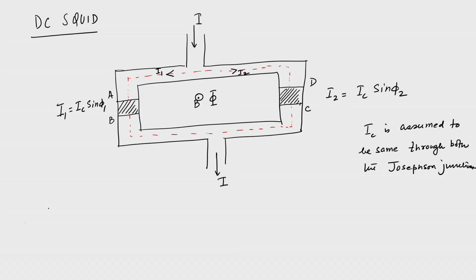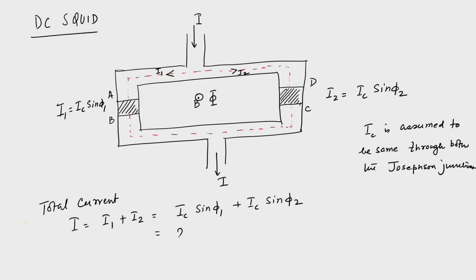Our total current is I equal to I 1 plus I 2, which is equal to I c sine phi 1 plus I c sine phi 2.